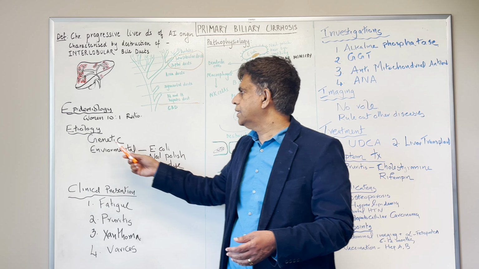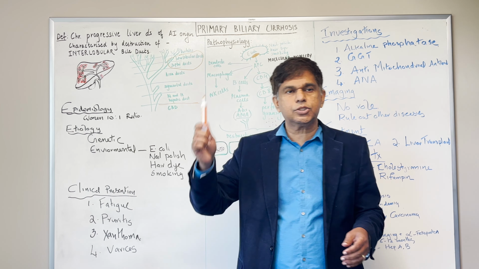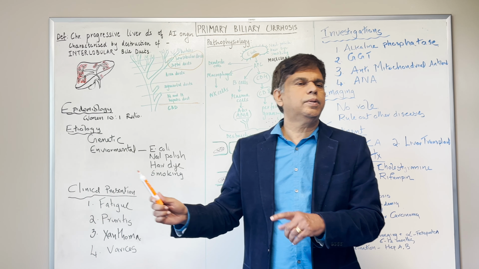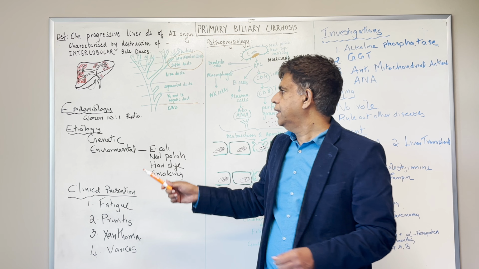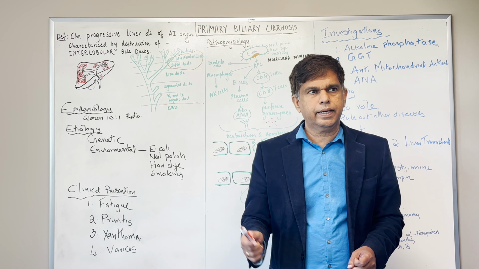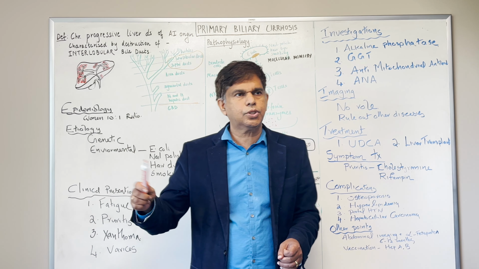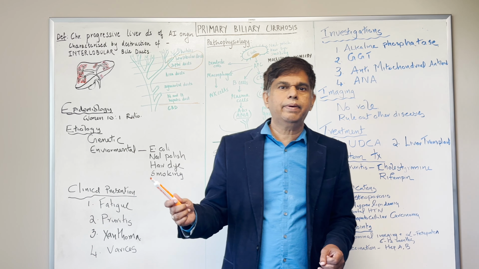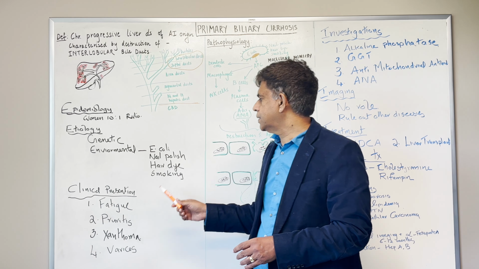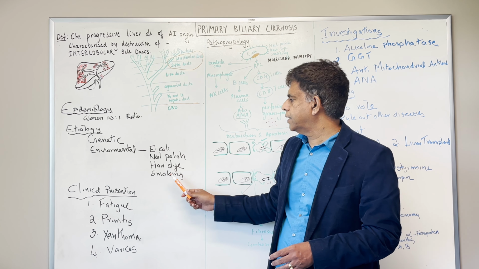Okay, remember that. Etiology: what is it like? Genetic factors play a big, important role in this. If you have an immediate family member with it, you most likely would get it. The other causes are environmental. Bacteria have a role, like E. coli. Some studies have shown E. coli and mycobacterium, a couple of these organisms, are associated with it. What are the other things? Nail polish, hair dye, and smoking.